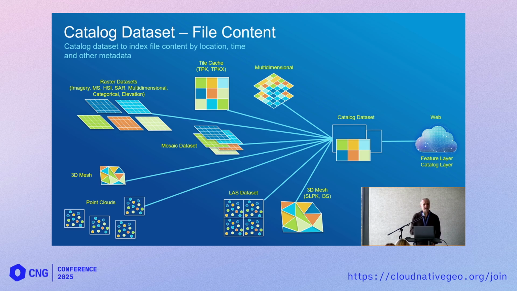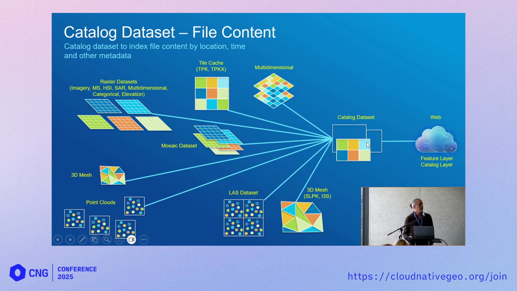All right, the catalog data set, this is a newer data model for us. It is intended to scrape metadata from files, like all of these different raster types, and then from point clouds, also from mesh and some of our data models, like the last data set, 3D mesh, and the multidimensional data.